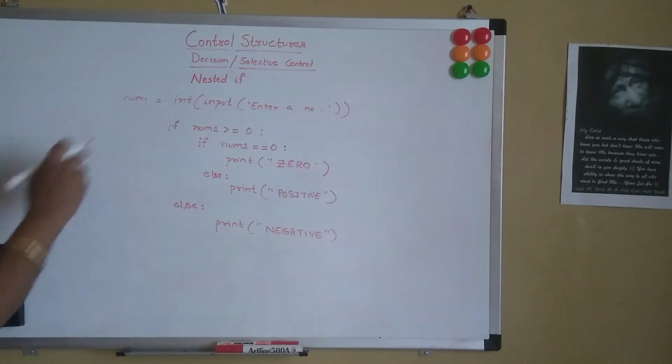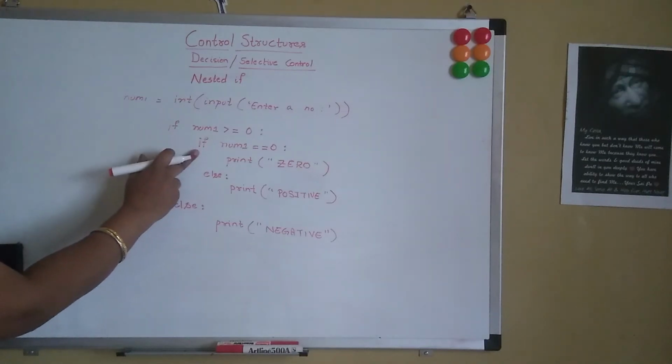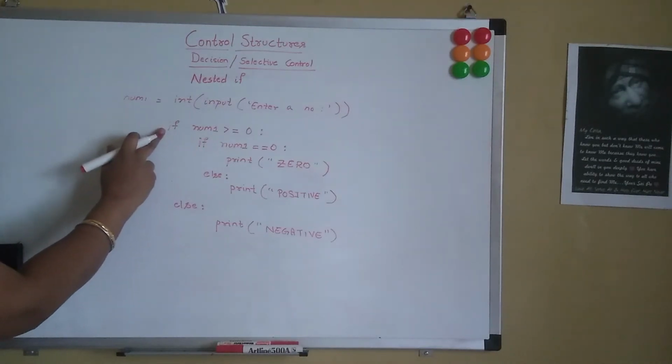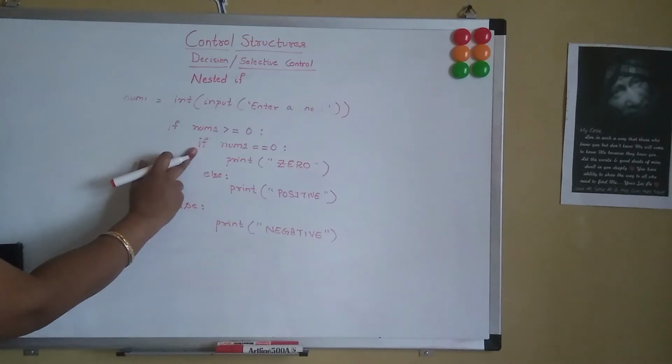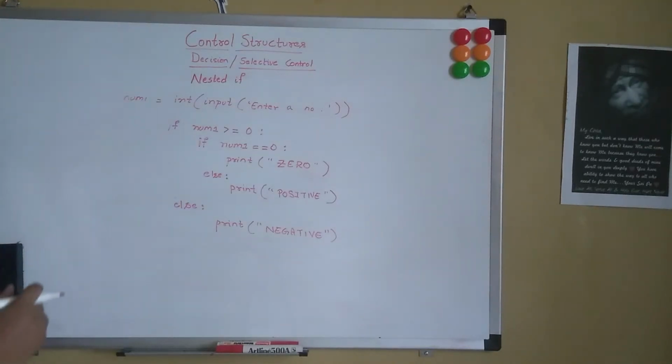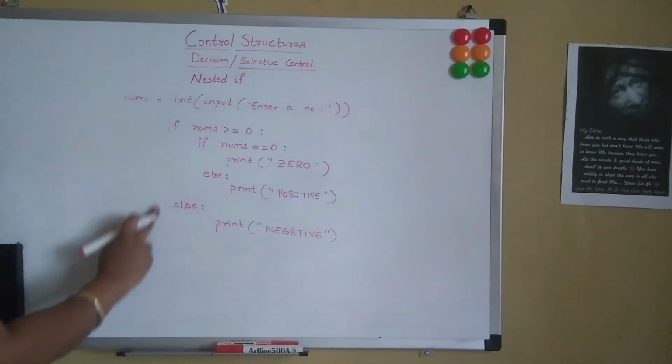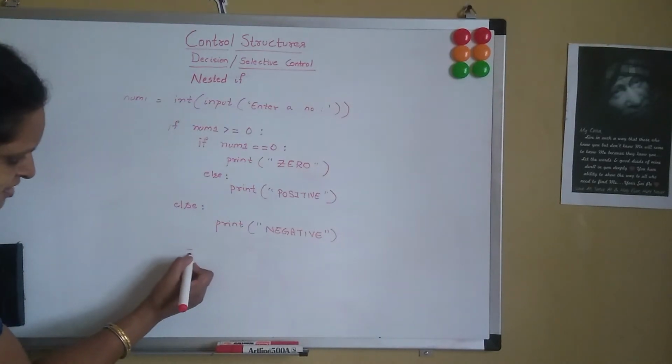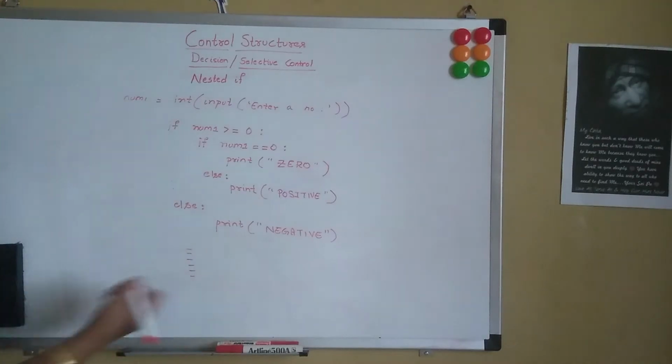So this is the case of a nested if. We have one if within which we have one more if, and then the set of statements get executed. And after this if statement gets executed, we can proceed with the sequential flow.